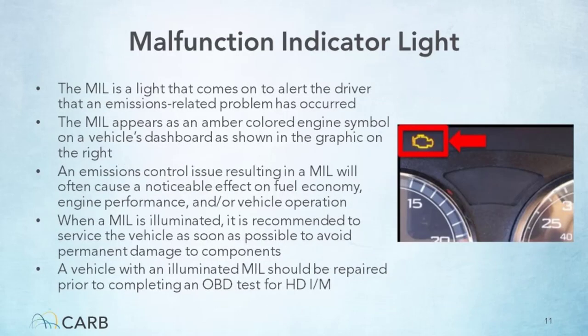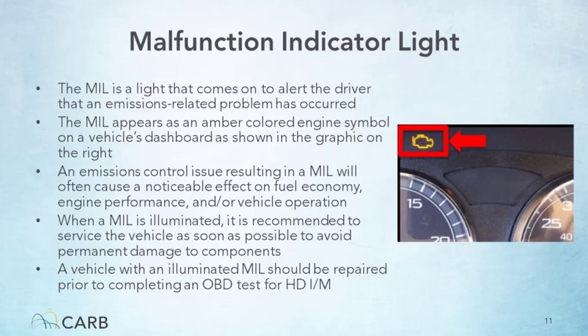The MIL, as shown here, is a standardized amber-colored engine symbol on the vehicle's dashboard. The OBD system is required to illuminate the MIL to alert the vehicle driver when the system detects an emissions-related malfunction. Operating with the illuminated MIL often results in increased vehicle emissions and can result in a noticeable impact on fuel economy and engine performance.